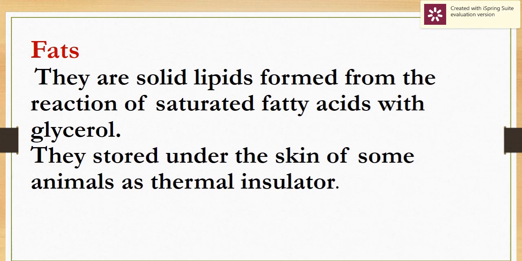An example of fats is the fat stored under the skin of some animals, especially polar animals. This layer of fat acts as a thermal insulator. It keeps their body temperature and gives them the ability to live in severe cold regions.